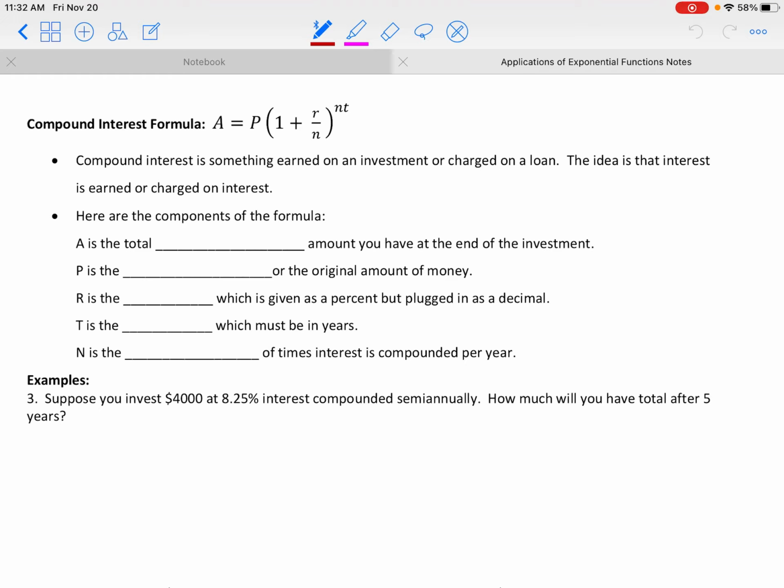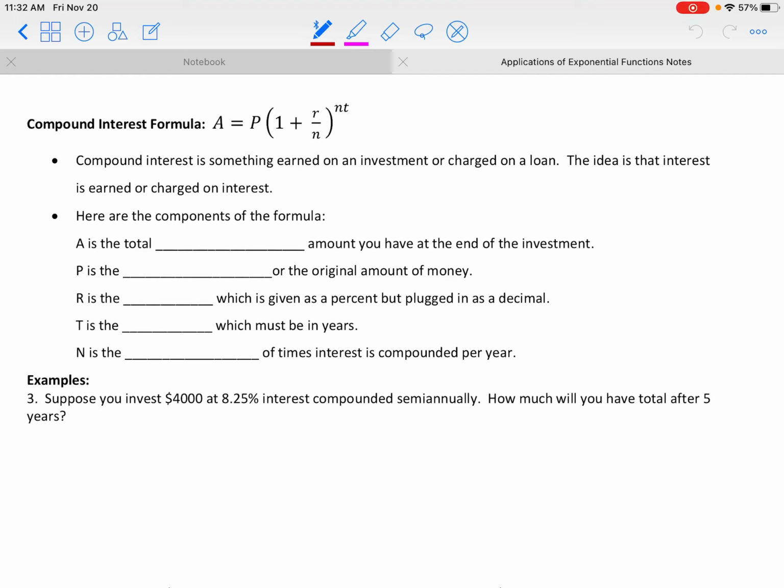So compound interest is, so interest, you should be thinking about that as a fee. If it's compound interest that you're either earning on some investment or being charged on some kind of a loan, the idea is that instead of calculating that interest fee once for your loan or your investment, you're going to be calculating it multiple times over the course of your investment.